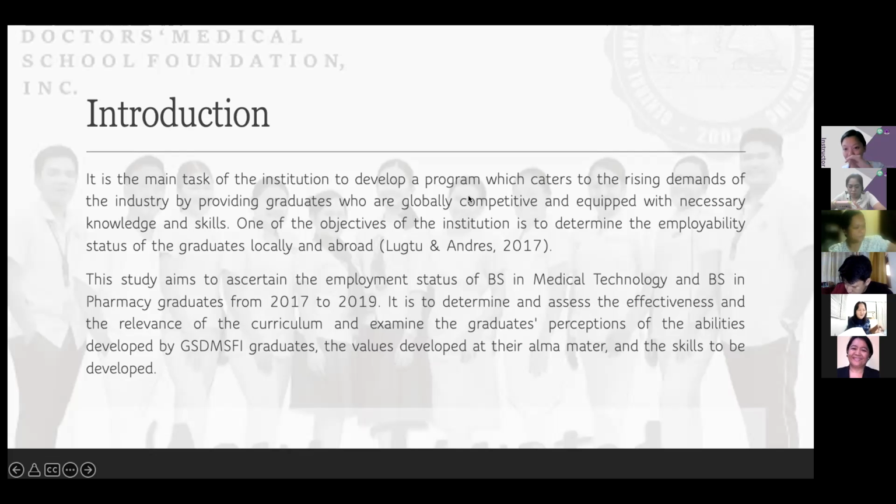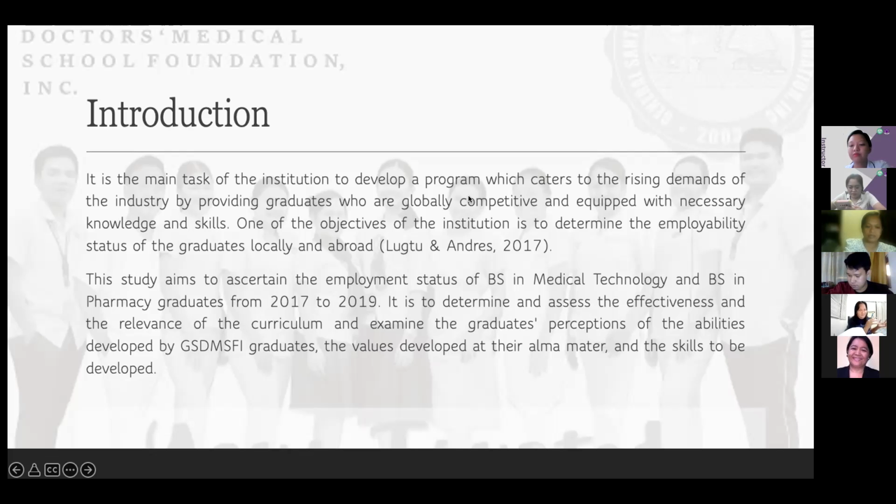So, yun siguro. Then, at the same time, kailangan lagi nating i-cite yung CHED requirement on why there is a need for us to conduct a tracer study, the importance of conducting tracer study, at the same time, kung bakit a justification in order for the institution to improve its program offerings.